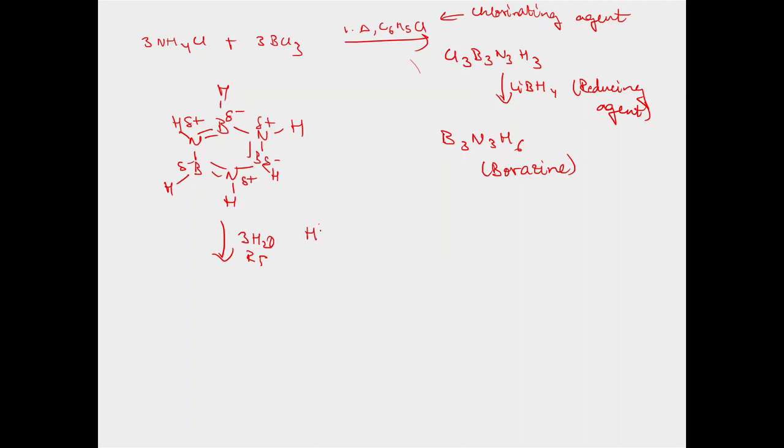We know water has H plus and OH minus. Therefore, it will form B3N3H6 and then 3 H from the 3 water. Sorry, 3 water means 6 H, right? And 3 OH.